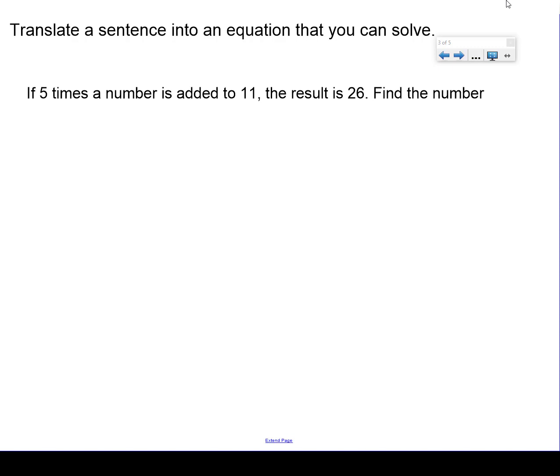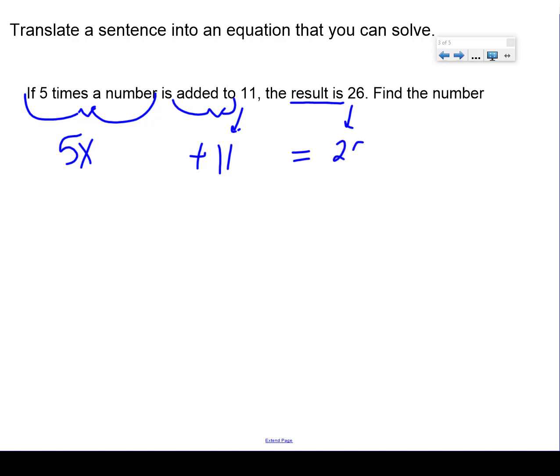Well, 5 times a number is added to. So added to is clearly an addition problem, right? 11 comes straight down. The result is, so the result is my equal sign, and then 26 comes down. So I have 5x plus 11 equals 26.